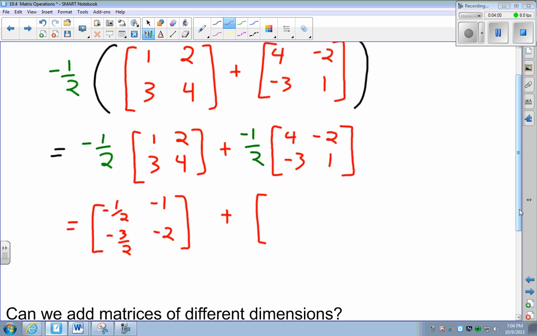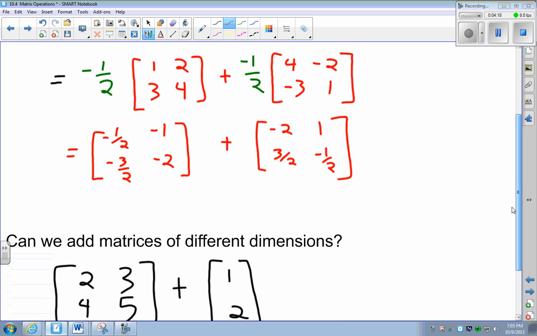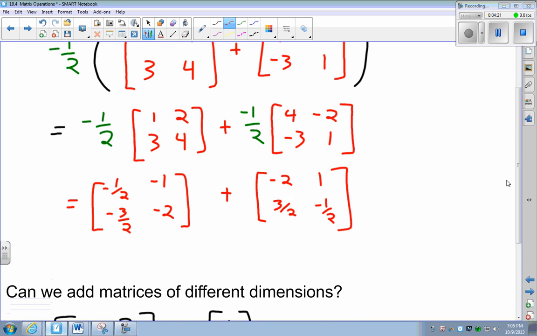And now we do it for the second matrix. Okay, cool. So we got our 2 matrices. All we have to do now is add them together.